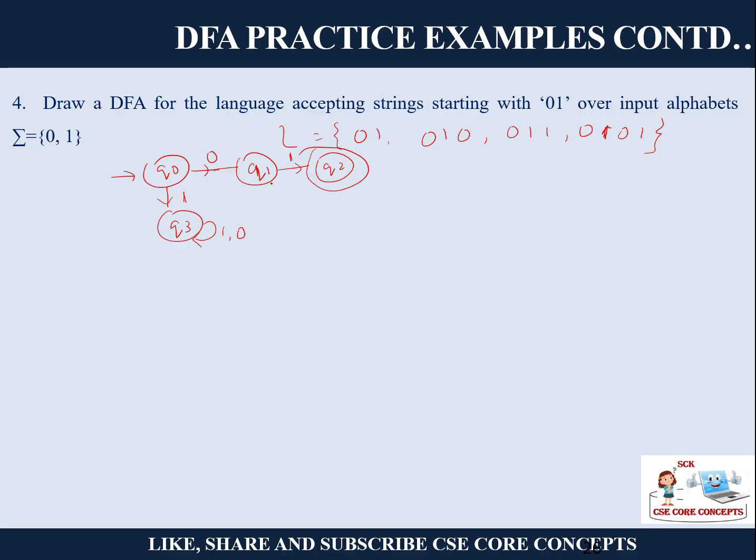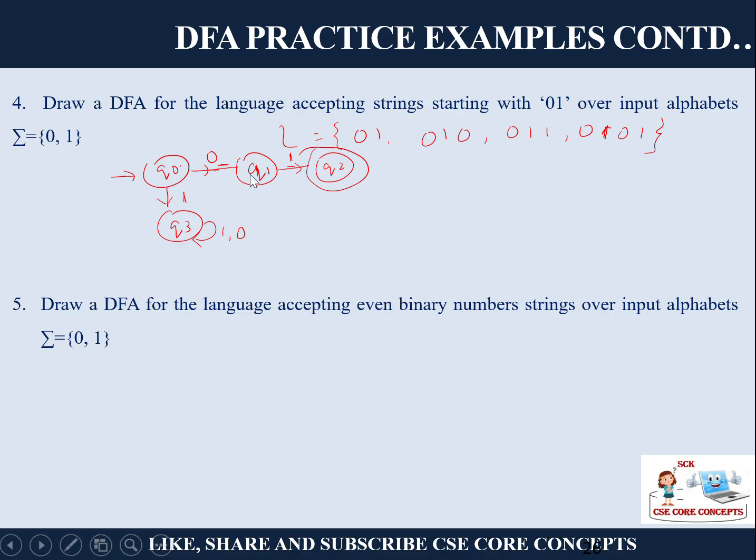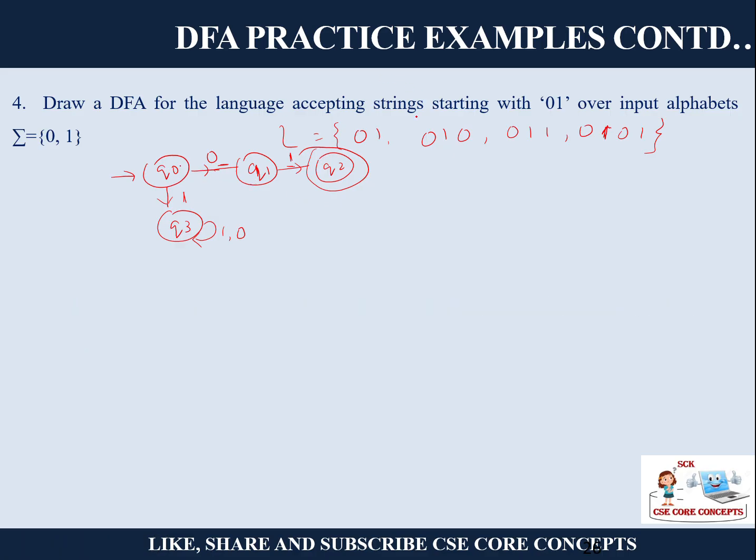Now in Q0 also, Q1 also, if I am getting 0, 1, okay. If I am getting 0, I may go to this state because I will not go to the previous state. Why will I not go to the previous state? Because my string, this 0 and 1 should not break. Understood? So if 0, 1, 0 I want, okay. So 0, 1, 0.